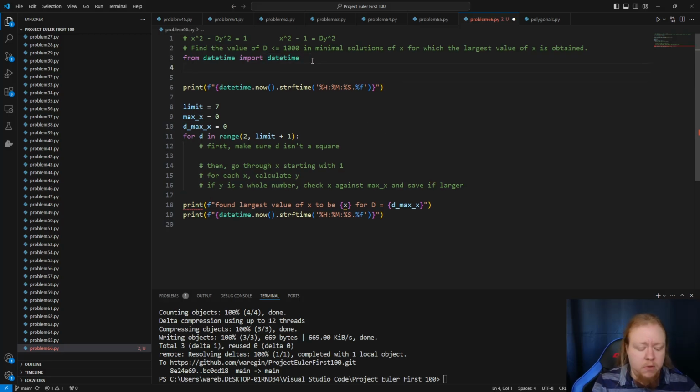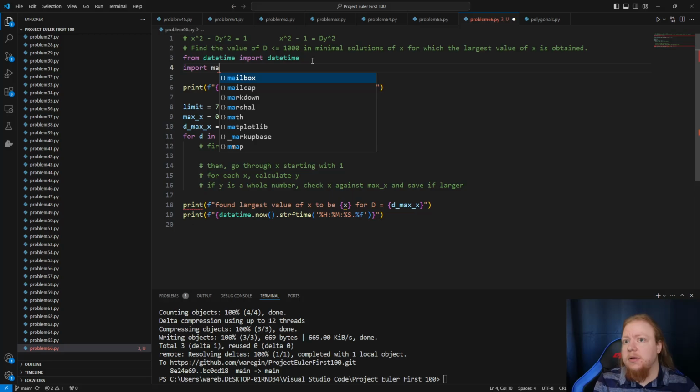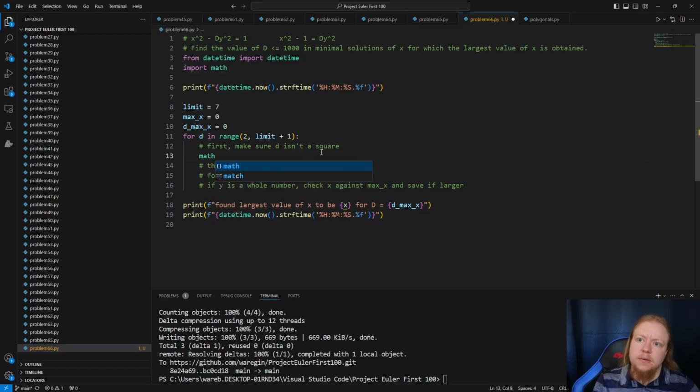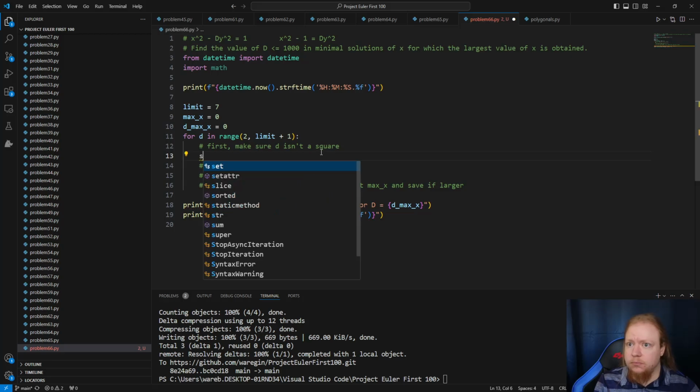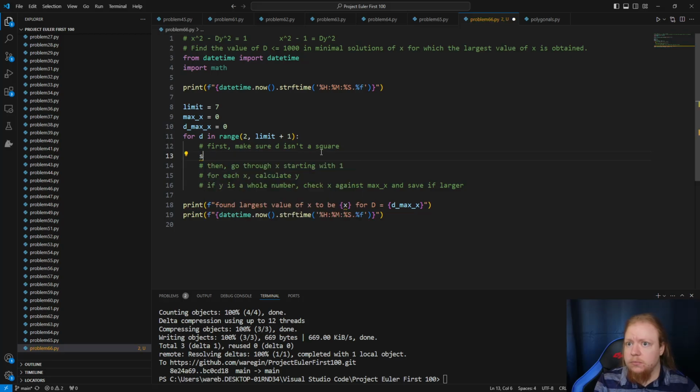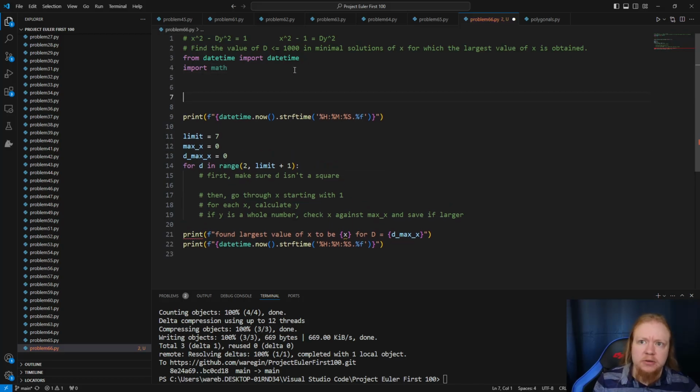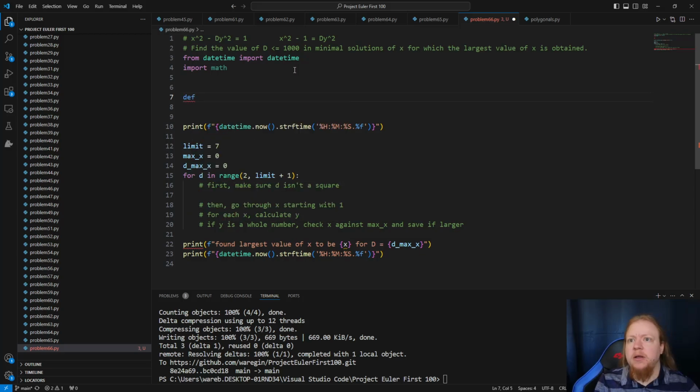We're going to need to import math. I'm just going to make this a function. I don't think I need to, but I'm going to say is square, and I'm going to take in num, just take an int.